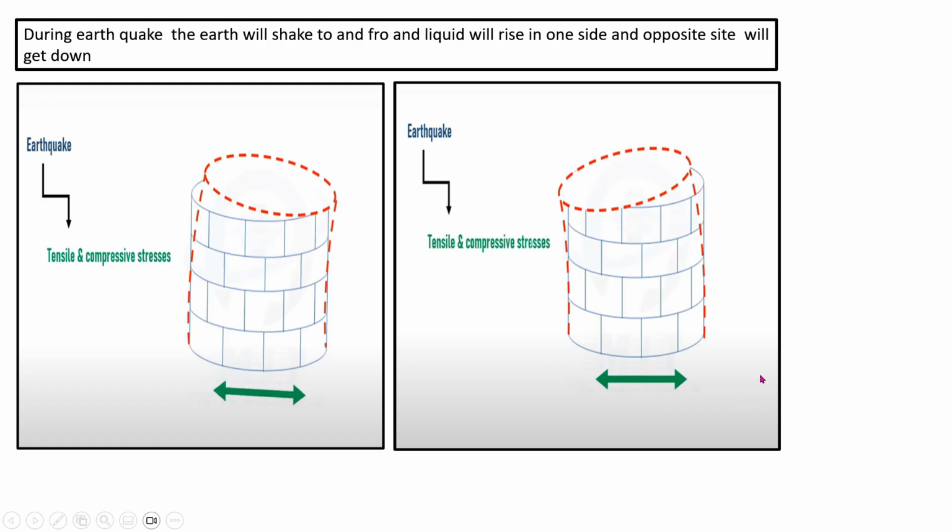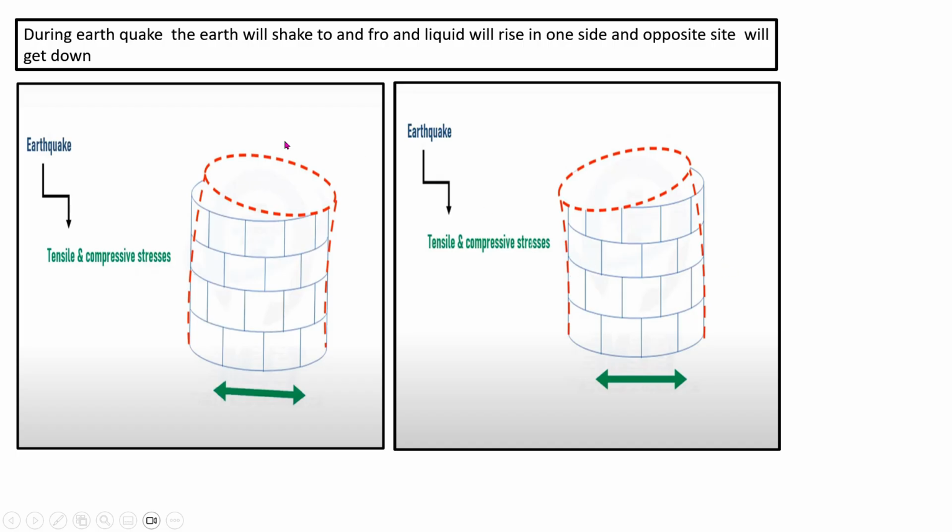Due to this earthquake, both sides will be subject to tension and compression. When the soil moves to this side, this side will be in tension and this side in compression. When the soil moves the other way, this will be in compression and this in tension.